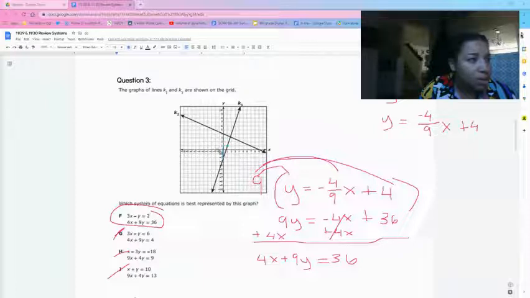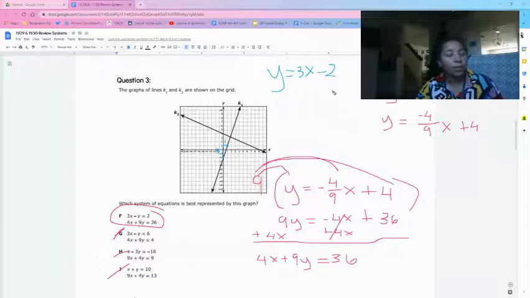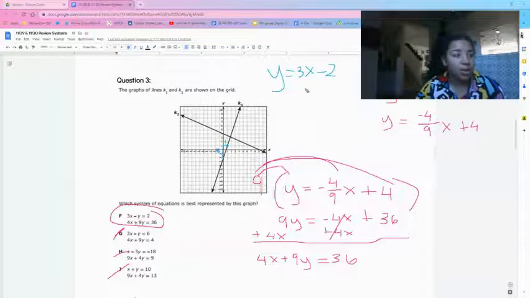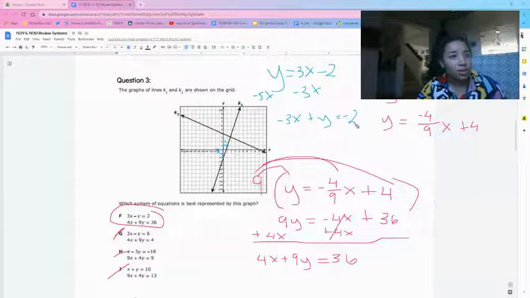This is 3 over 1 minus 2. Okay, this is the correct one. I knew that because of the answer choice. So this one, if I wanted to get this one over here, I had to subtract 3x from both sides. Minus 3x. So it should be negative 3x plus y equals negative 2.